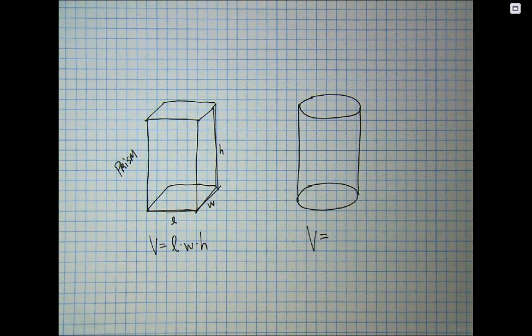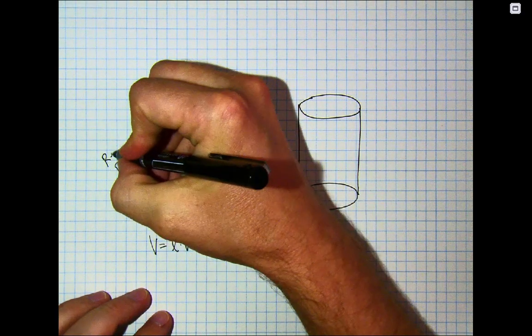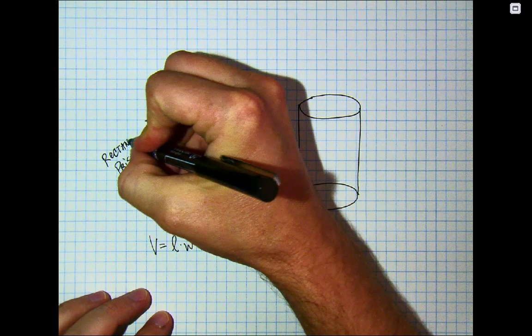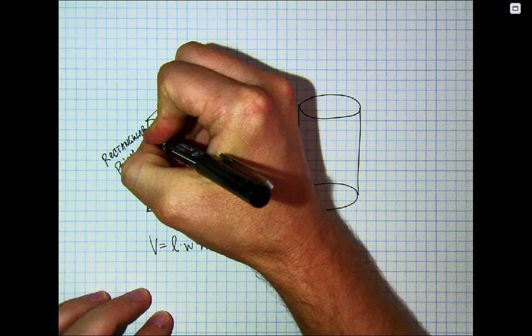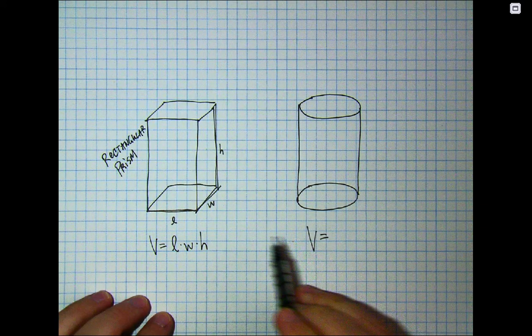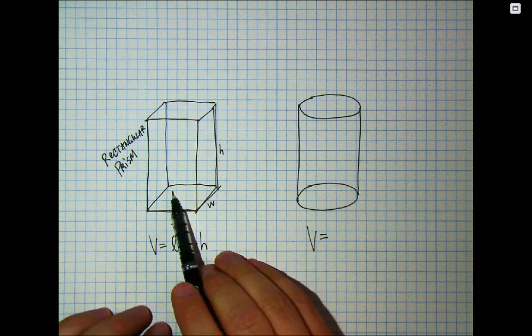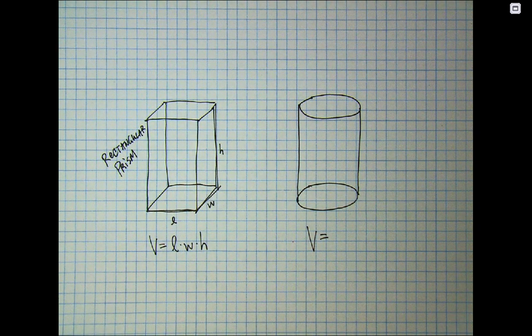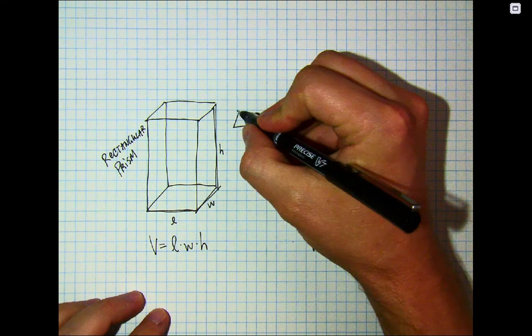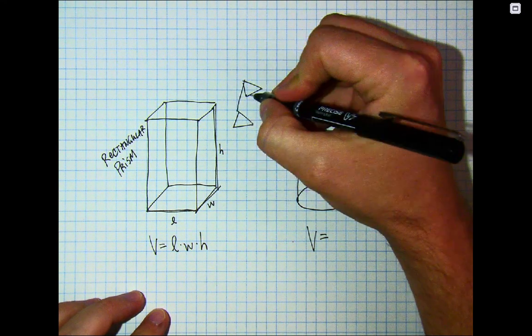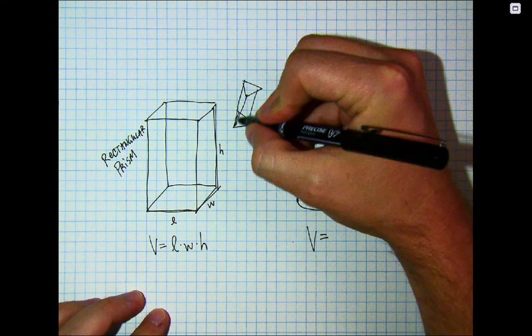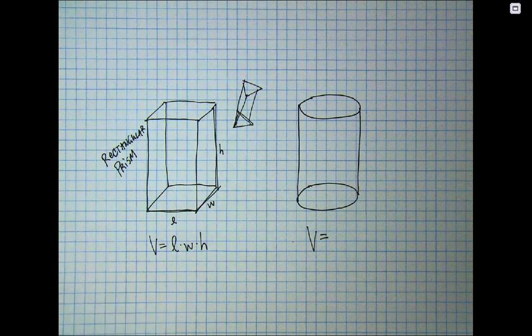And that works when you have a rectangular prism. But you can have other prisms besides a rectangular prism, if the prism isn't a rectangle or a square on the bottom. You could have something like a triangular prism. That's not the best drawing ever, but you could have a prism like that.